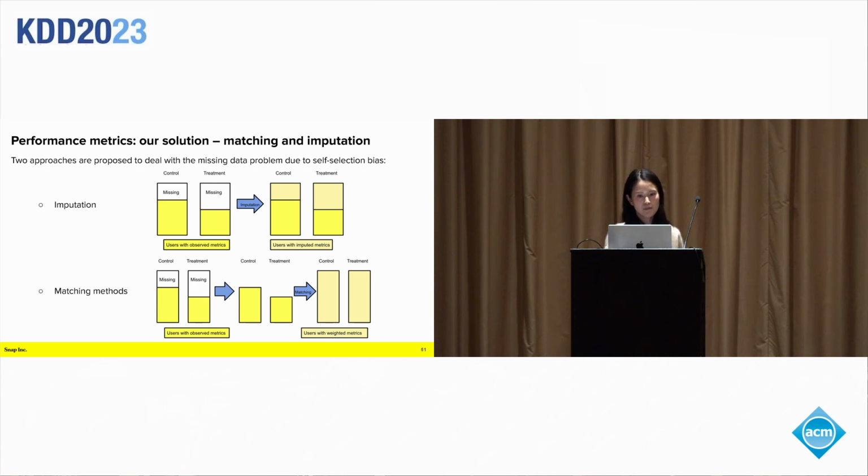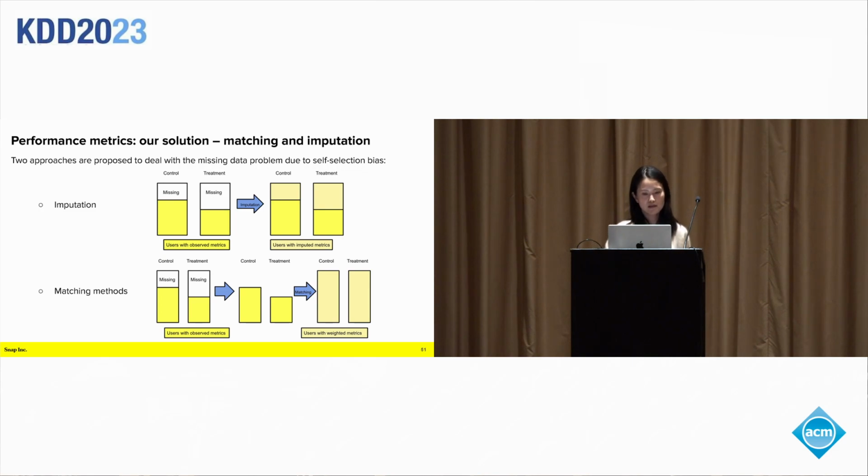And then we impute the metric value for the rest of the users based on the features of these observed users. Then we are able to compare the performance metric in the control and the treatment group this way.